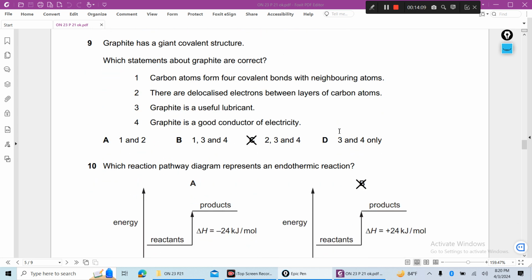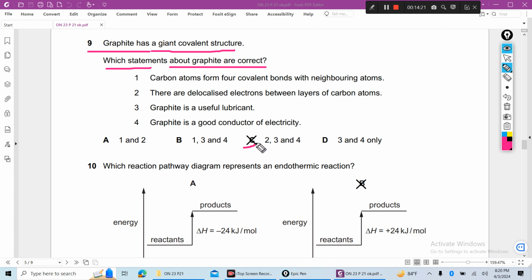Next, graphite has a giant covalent structure. Which statements about graphite are correct? C is the correct answer. 2 is correct. There are delocalized electrons between layers of carbon atoms.